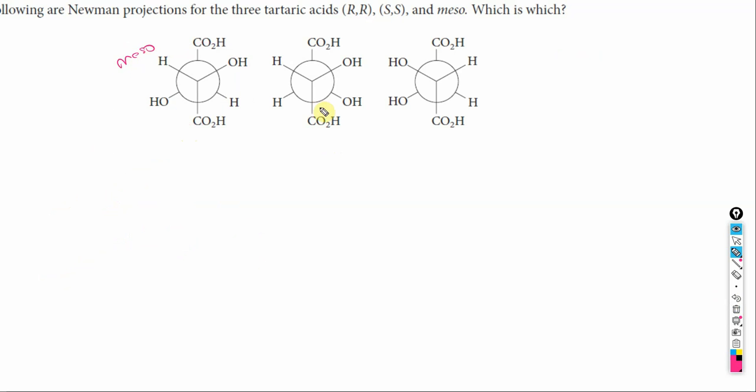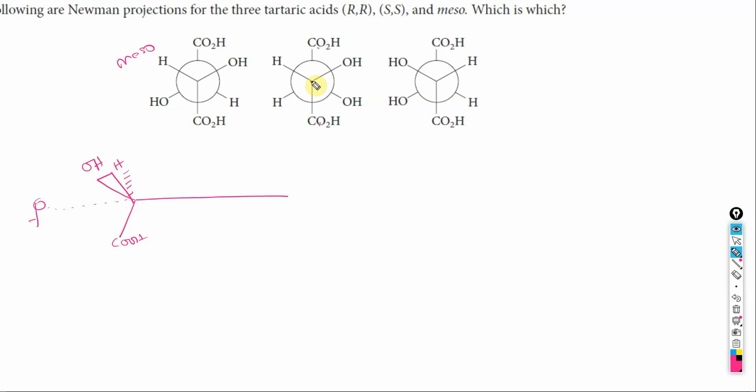Now clearly the other two are not meso, because this carboxylic acid is not across from a carboxylic acid. This hydroxyl is not across from a hydroxyl. This is also not across from another hydroxyl on the back. Therefore, let's try a wedge and broken wedge notation of this molecule. If you draw a wedge and broken wedge, the carbon in the front has, let's say you are standing here and watching that carbon, this carboxylic acid below the carbon-carbon bond line, and here's your hydroxyl to your right, and here's the hydrogen to the left.